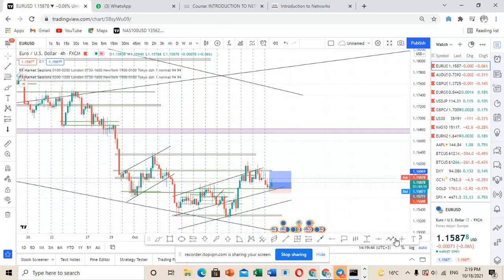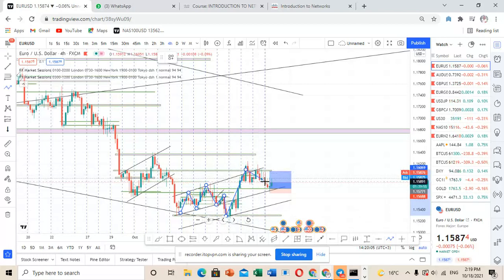I think from last week, the market has been creating these good patterns which are very predictable. You can see a move to the upside, touching that trend line, a move to the downside, a move to the upside, a move to the downside, a move to the upside, and then we had a breakout to the downside, but then we had another move to the upside.